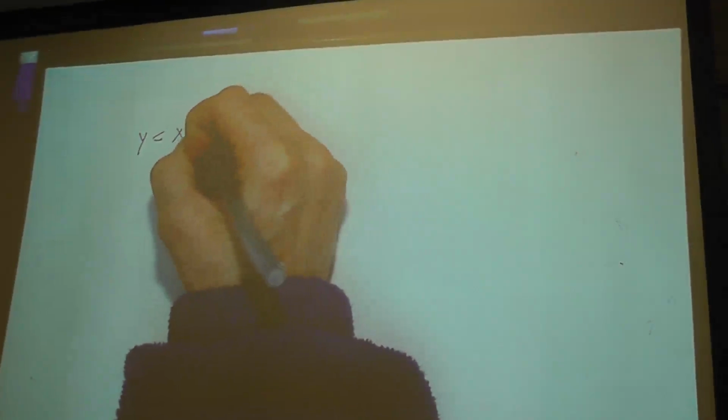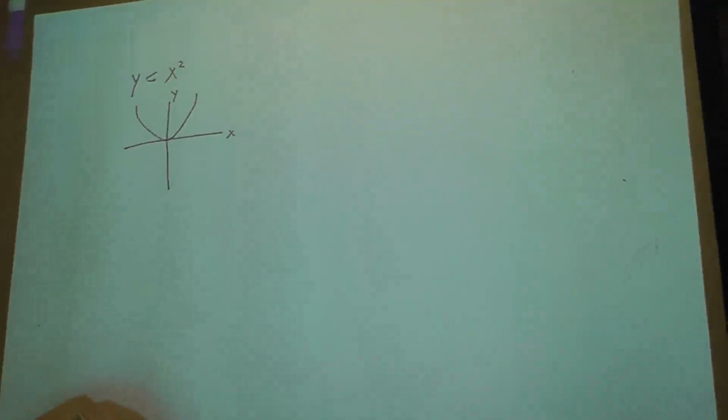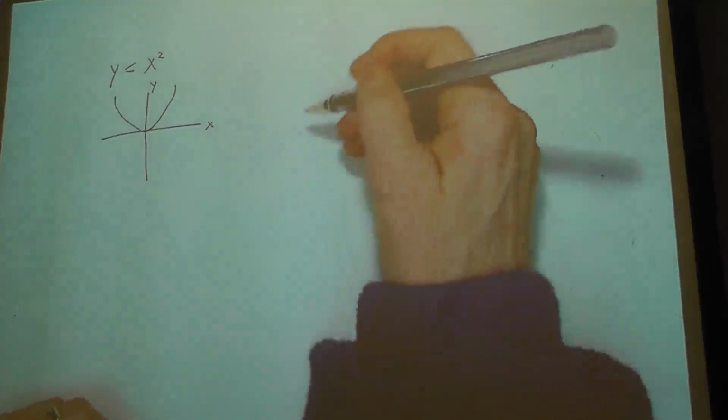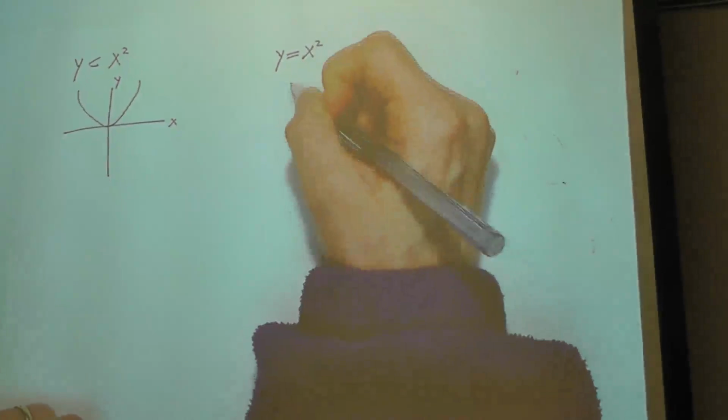y equals x squared. In 2 dimensions, it's a parabola centered at the origin. It looks like this. In 3 dimensions, I have complete freedom in z.